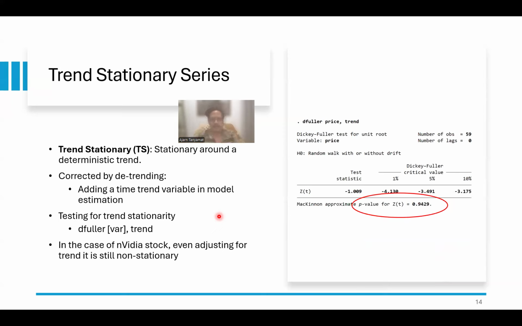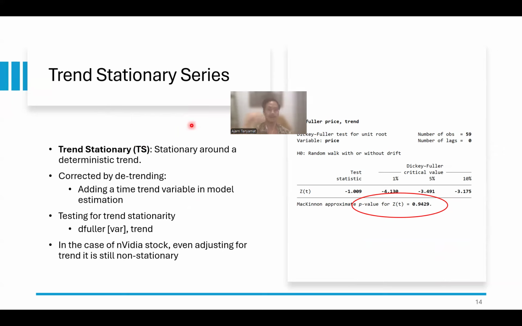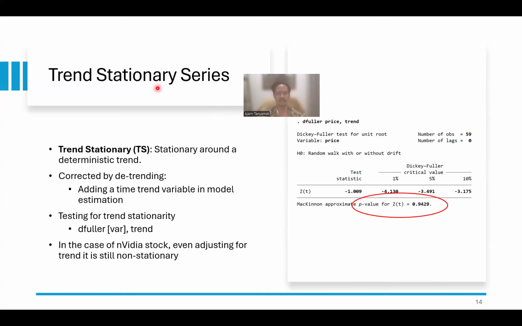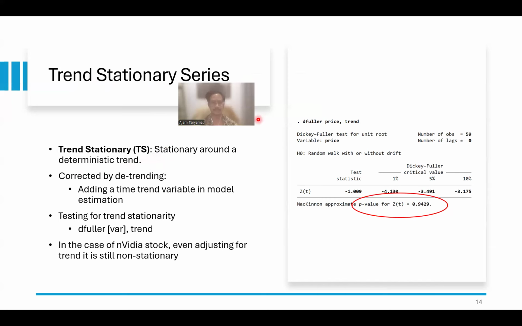Okay, the next issue we can discuss is trend stationarity. A time series may be non-stationary, but around a linear time trend, it might be stationary. So we test for trend stationarity too, because if it's stationary around a trend, then we can make the series stationary by adding a trend to our analysis. So how do we test for trend stationarity?